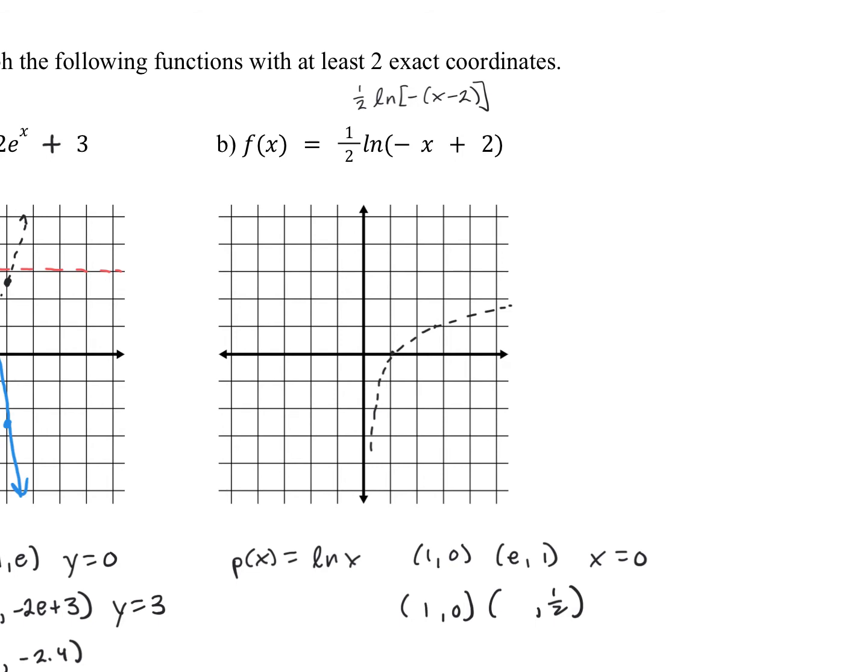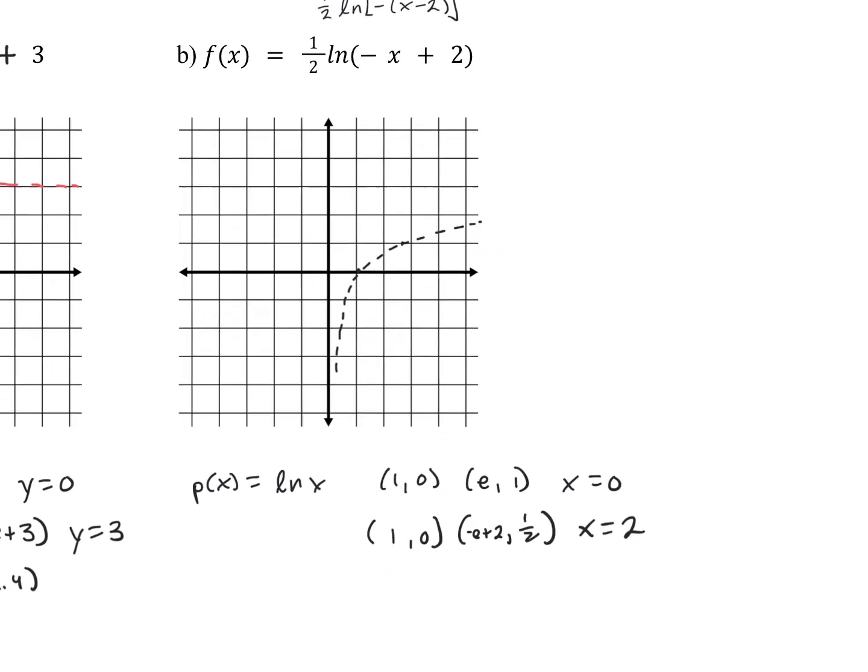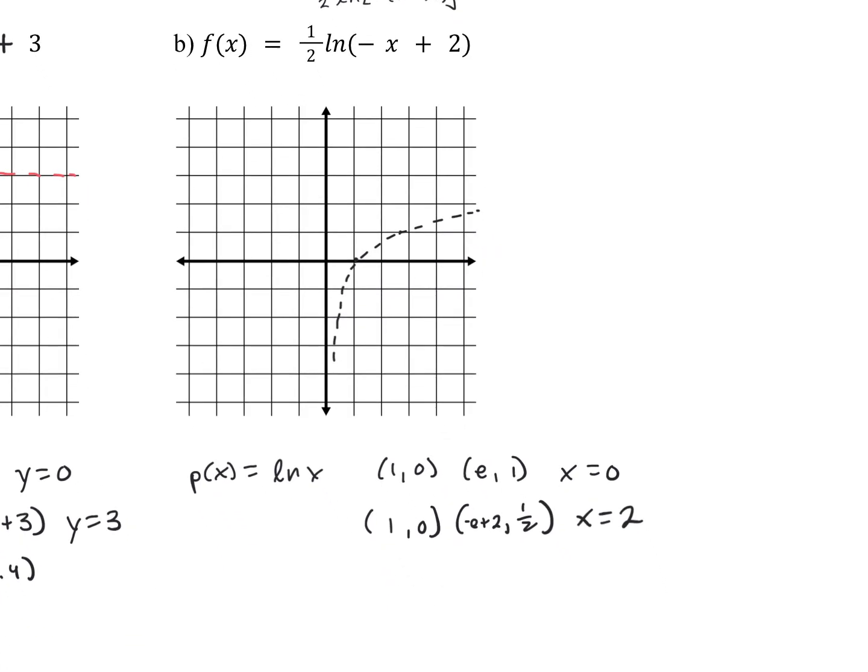And then here, this just becomes negative e plus 2. So that's our exact coordinate. And this becomes x equals 2. We multiply by negative 1 and then we add 2. So remember, this is actually shifting to the right 2, even though it says minus. So if we want to shift something to the right, we would add to the x values. And we will want a decimal approximation for this coordinate. So it's going to be about negative 0.7 more or less.